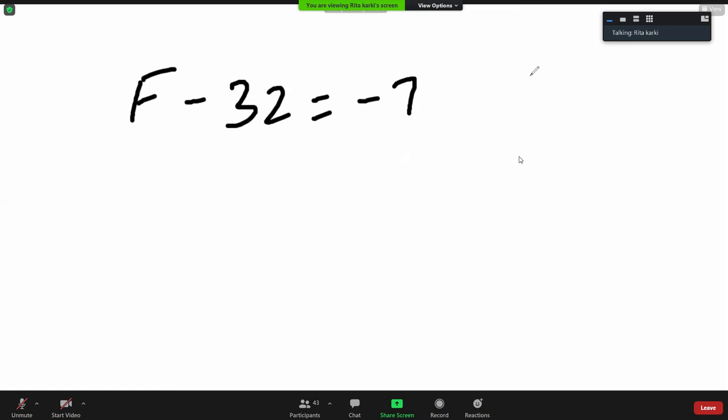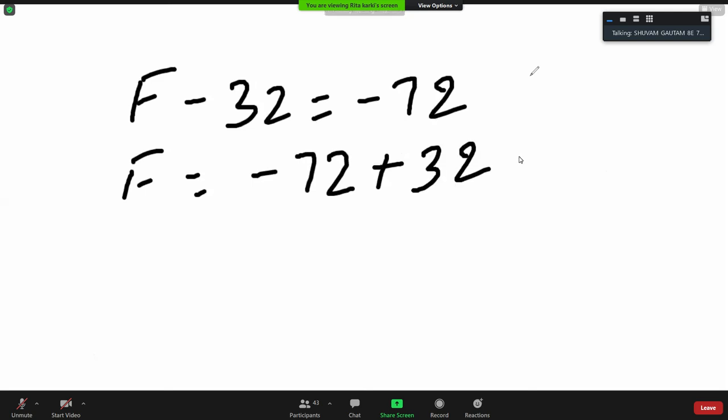Now F equals minus 72 plus 32. So 72 minus 32 is how much? 40. Minus 40. That is the correct answer.